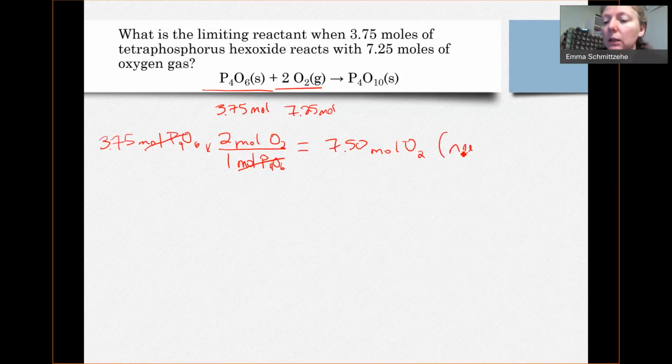The 7.25 is what I have. So I need 7.50, and I actually have only 7.25 moles of oxygen, meaning I don't have enough oxygen to fully react with the P4O6. So that means in this case that O2 is limiting.